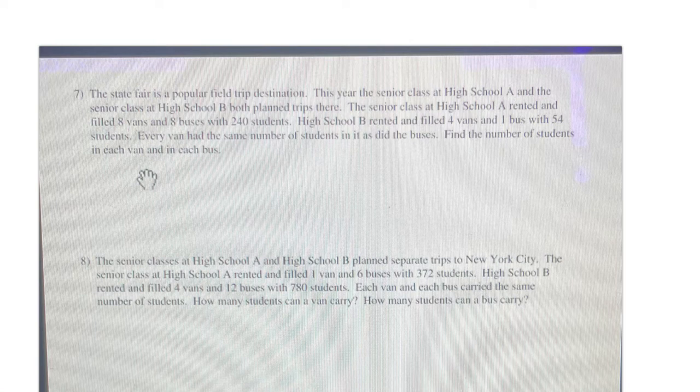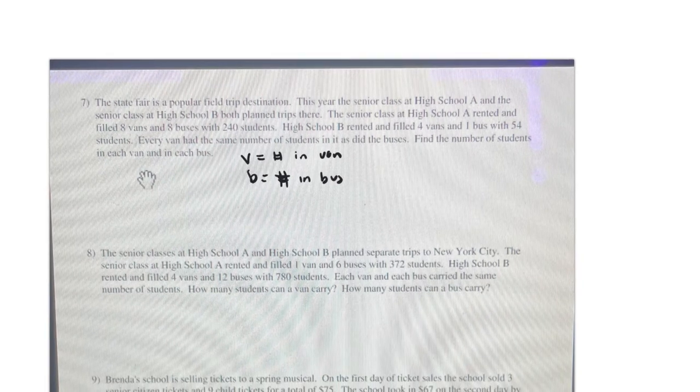So we could say V represents the number of students in the van. And we could say B represents the number sign, pound sign, meaning number, of students in the buses, okay? And probably most people would agree with those variables.